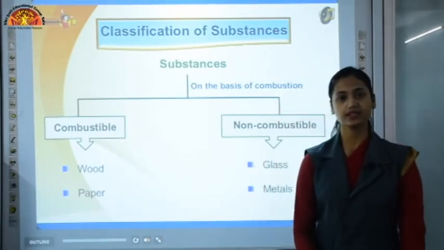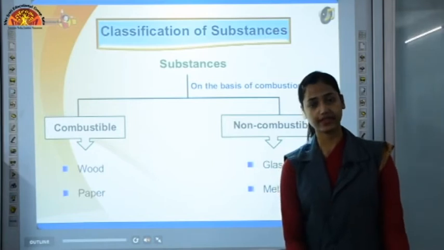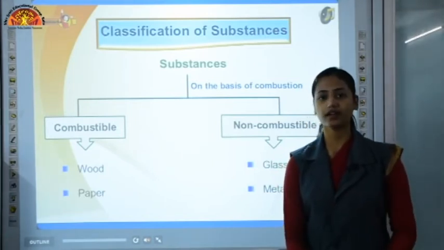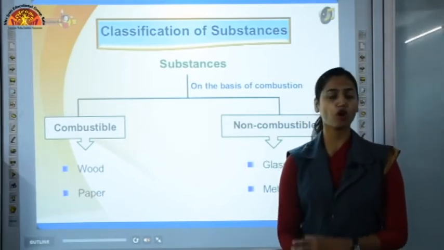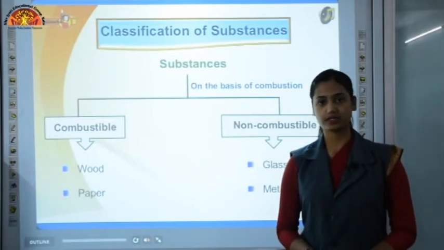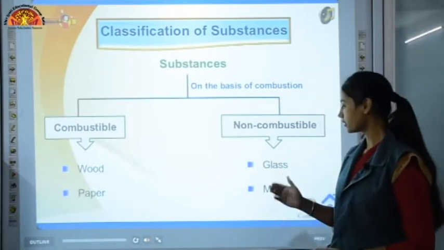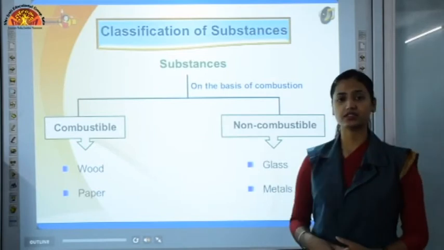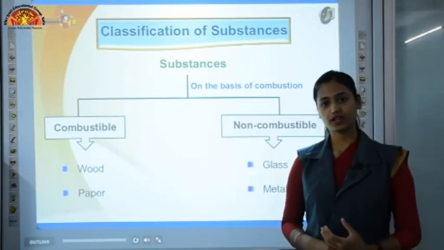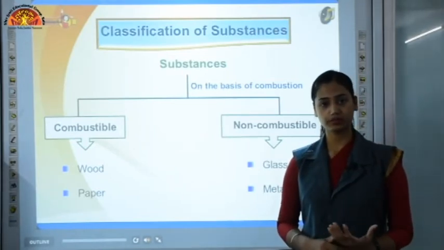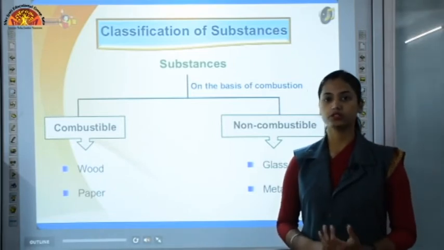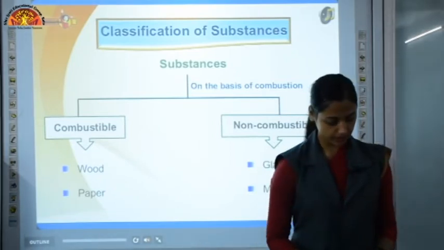More examples like candle, again petrol, kerosene, these all are combustible substances. All fuels are combustible substances. But you can see glass, metals, sand, these substances do not burn. So these are non-combustible substances.